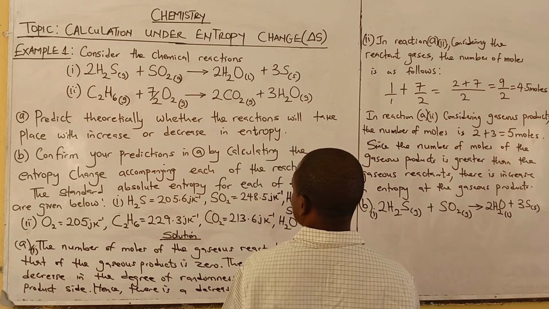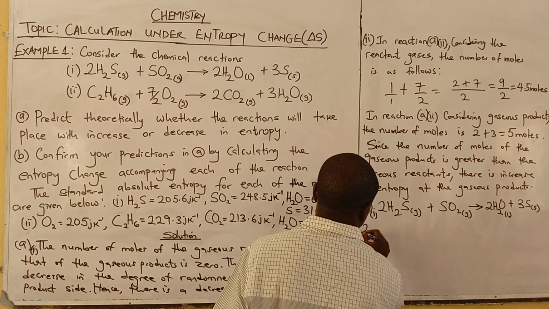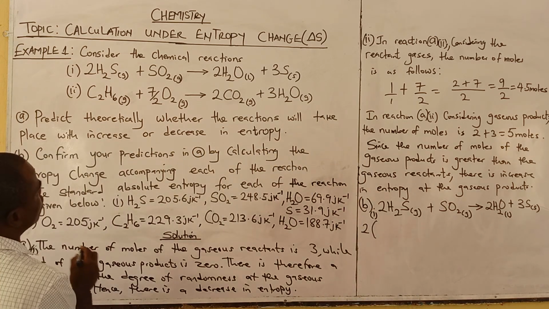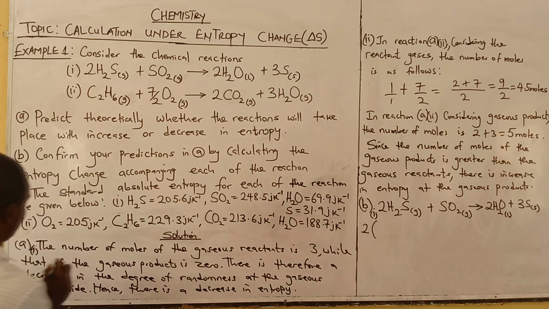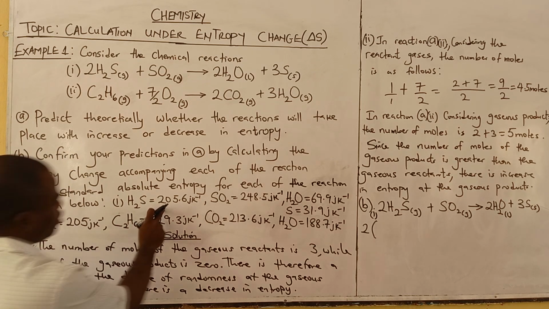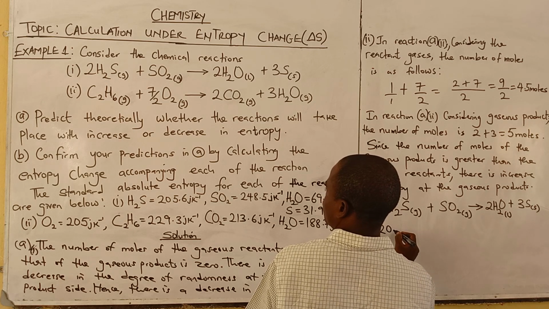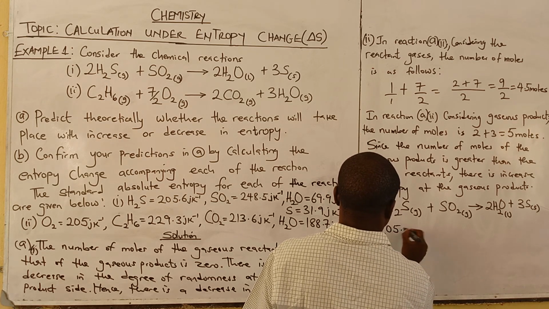Now, since we have it like this, we now have 2 open bracket. What's H2S? Hydrogen sulfide, we have the entropy of 205.6.